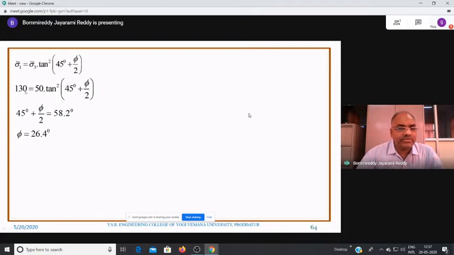Here use effective stress values, and whatever value of phi you get is called the effective angle of friction. When sigma 1 and sigma 3 are the total stresses, then phi is the normal angle of friction. If sigma 1 and sigma 3 are the effective stresses, then phi is called the effective angle of friction.